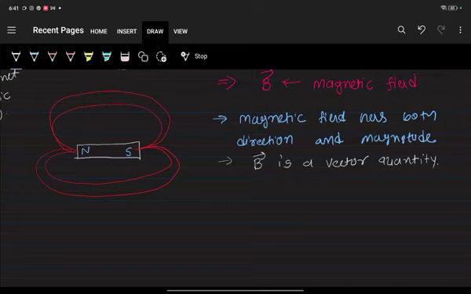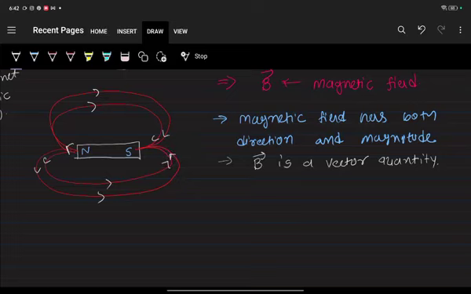So now what is the direction of magnetic field? We usually take that magnetic field lines emerge from the north pole and enter the south pole. So that is the direction of magnetic field.